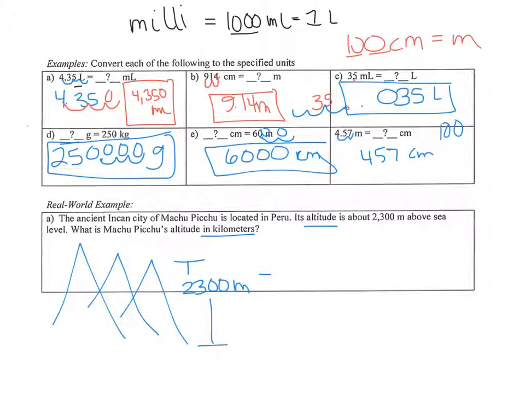So we're just wanting to convert 2,300 meters to kilometers. There are 1,000 meters in 1 kilometer. So if I already have 2,300 meters and there's 1,000, I'm going to move it back so it's 2.3 kilometers.